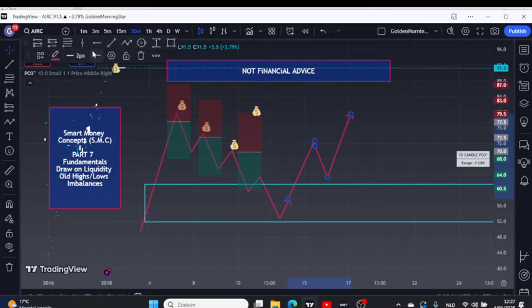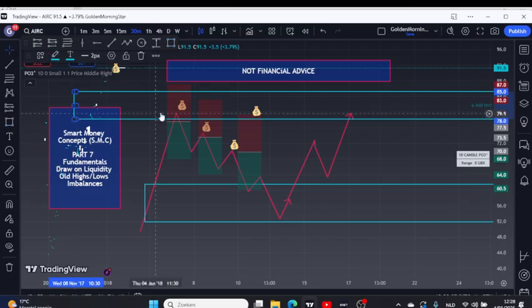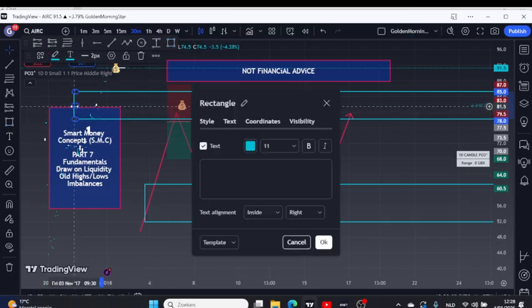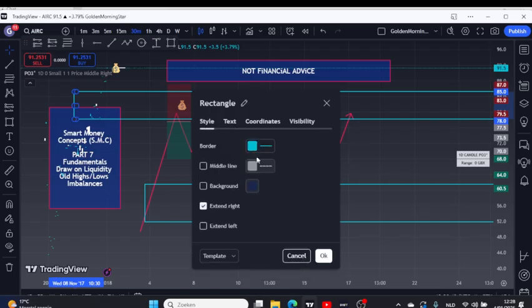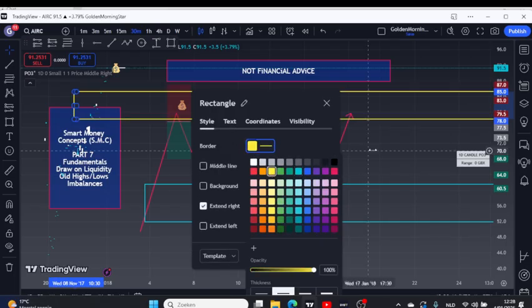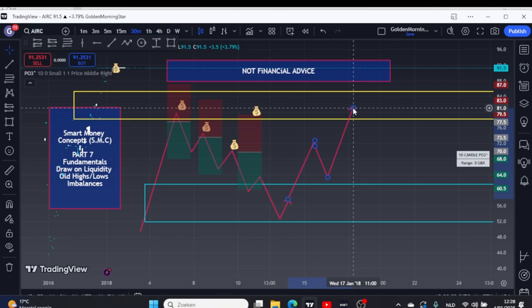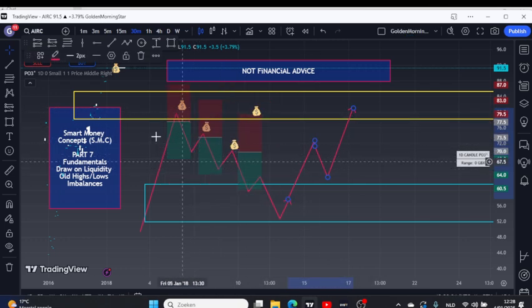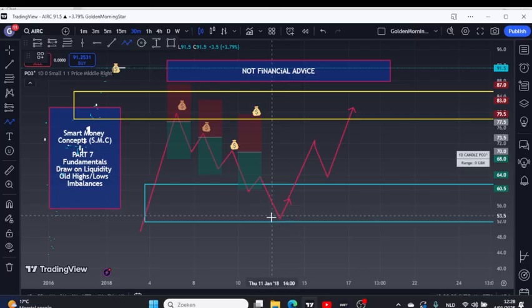But in case there is a reaction that happened here on an old bearish fair value gap or an imbalance, then price could possibly have a second reaction here. Why? Because there is new liquidity created below here and below here.